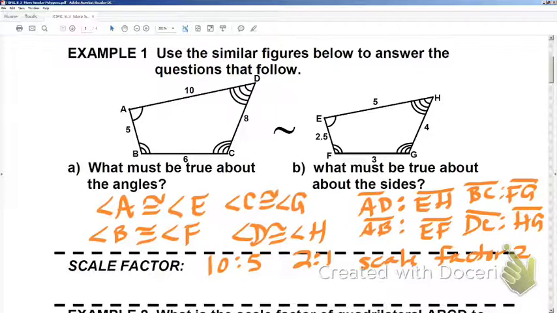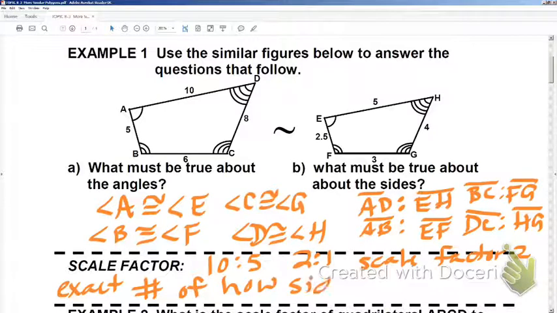If I were going the other way, I could say 5 to 10 or 1 to 2, and my scale factor would be 1/2. But the question will specify which order it wants it to be. So scale factor is just the difference between your two polygons, how they are similar. So it's an exact number of how the sides are proportional.